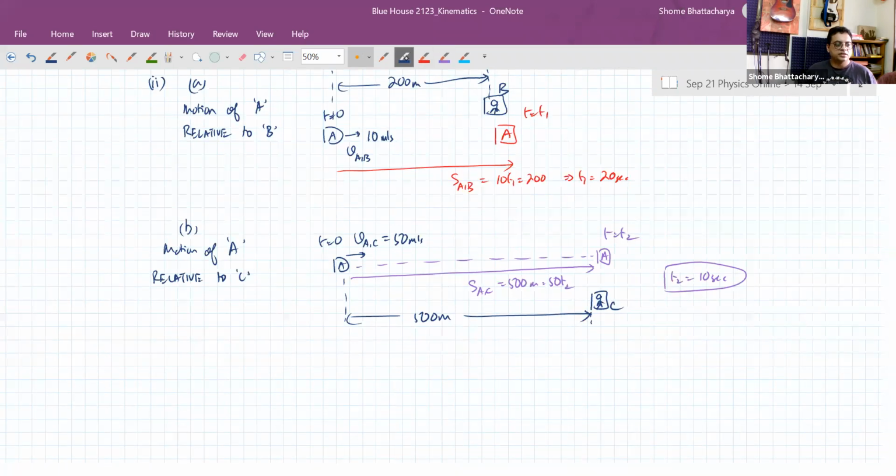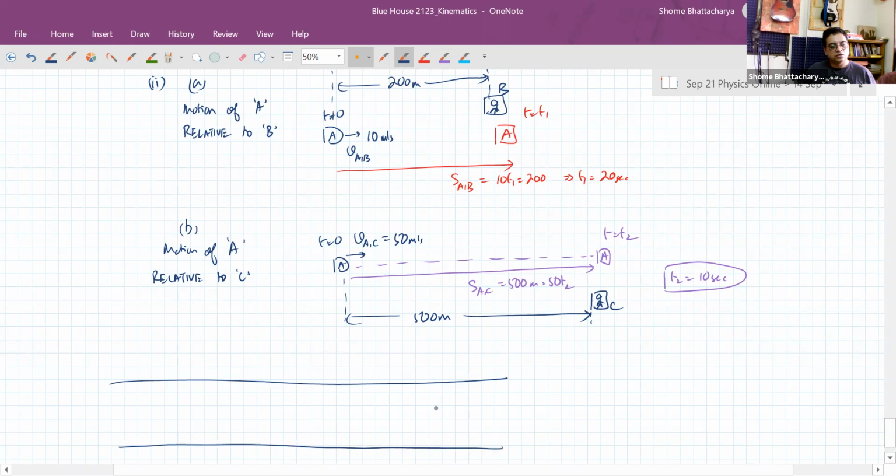You can also try understanding this from the ground frame point of view. In the ground frame, this was the position initially.